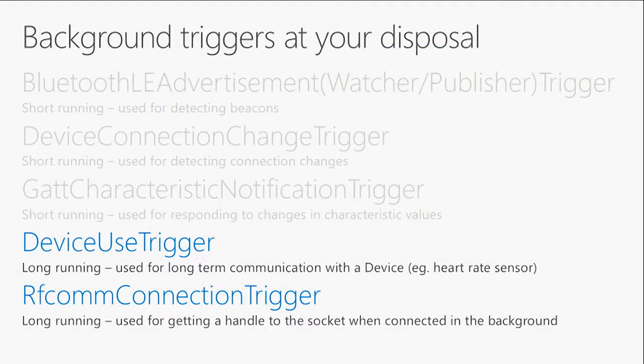The device use trigger is long-running. When you want to use a particular device, this can be used for sensors and USB devices and all of that, but for Bluetooth specifically, it is excellent to use for Bluetooth LE devices. So you can have a device use trigger on a heart rate sensor, perhaps, that changes more frequently, maybe once a second.